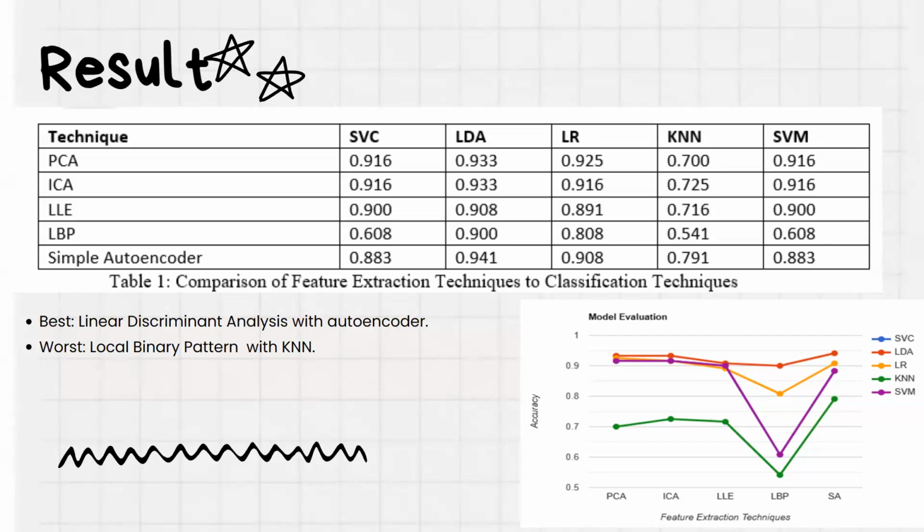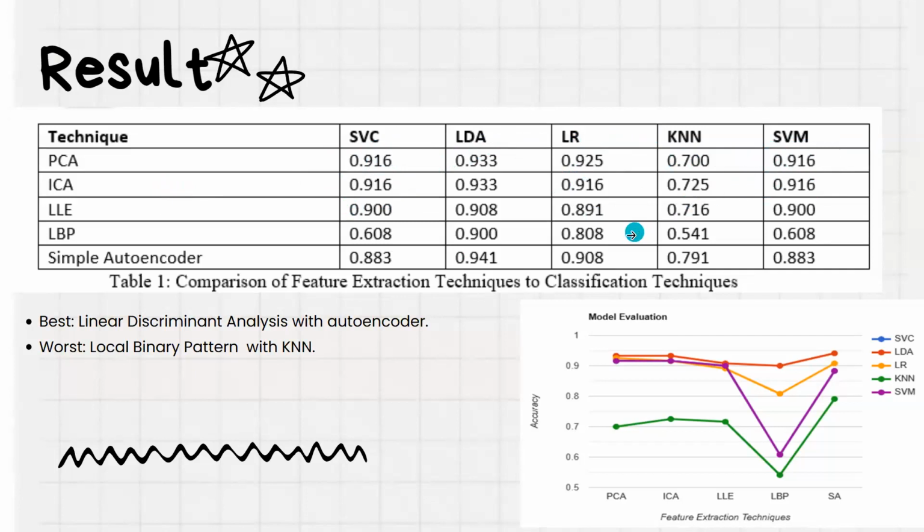This is the finding of the best classification techniques and dimension reduction techniques, and also the couple of both of them. As I told you before, PCA and ICA also work with a simple autoencoder. You can see there are different techniques working, like LDA, or SVC with PCA and ICA also working better, and LR and SVM are working a bit better.